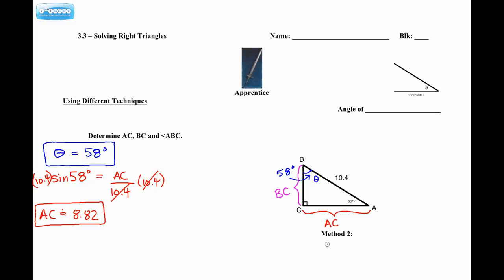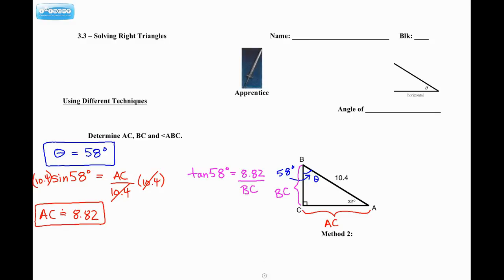So I actually could use the tangent ratio. In fact, I could use any ratio I want. All right, so the tan of 58 degrees is the opposite, which is AC, divided by the adjacent, and the adjacent is BC.